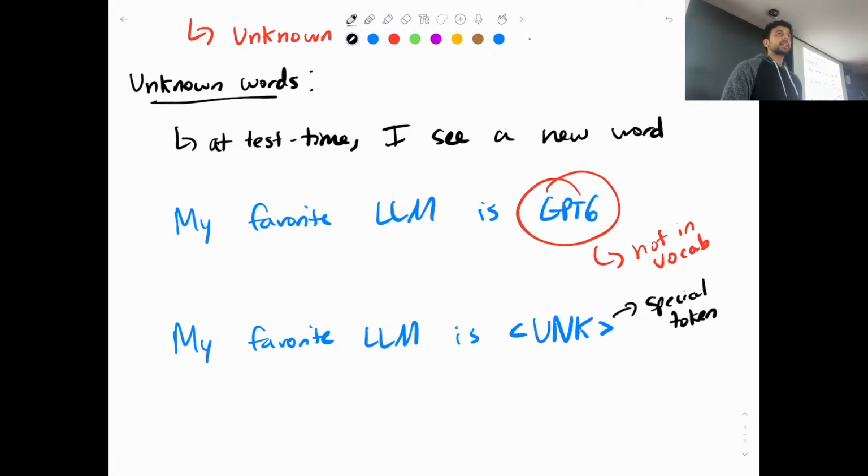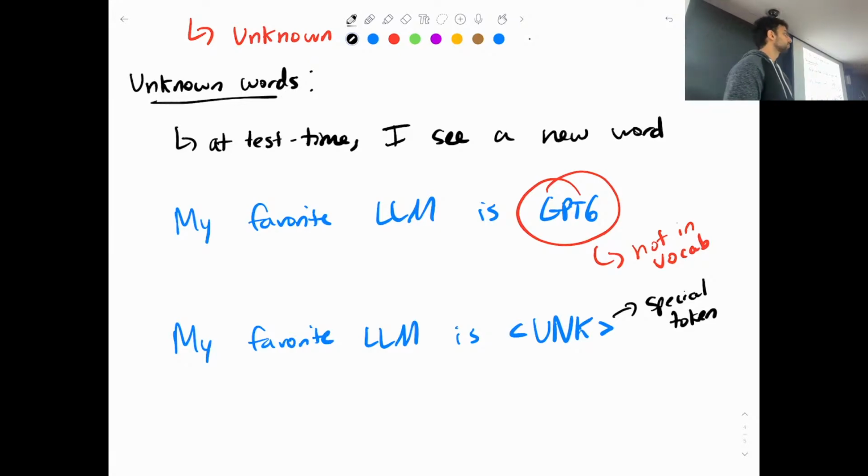The perplexity can be more, meaning... Well, you could argue that if I had GPT-6 in my vocabulary somehow, it would still be very high perplexity because it's just not been used at all or very rarely, right? So it might actually be lower perplexity if you replace it with a special unknown token.